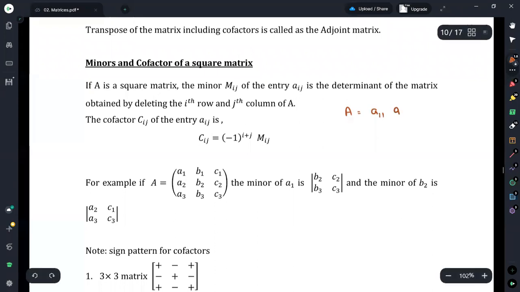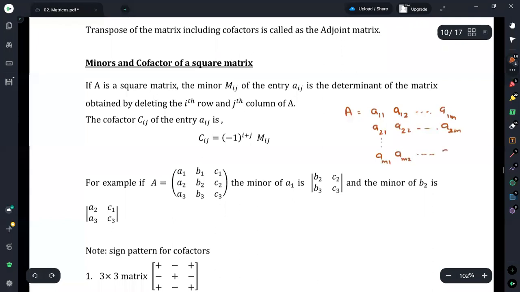This is A11, A12, likewise A1m, then A21, A22, likewise A2m. Since this is a square matrix, here also we'll get Am1, with m rows and columns.